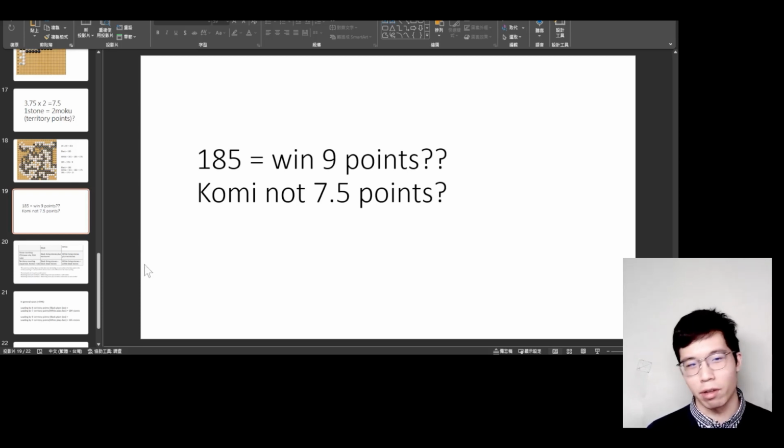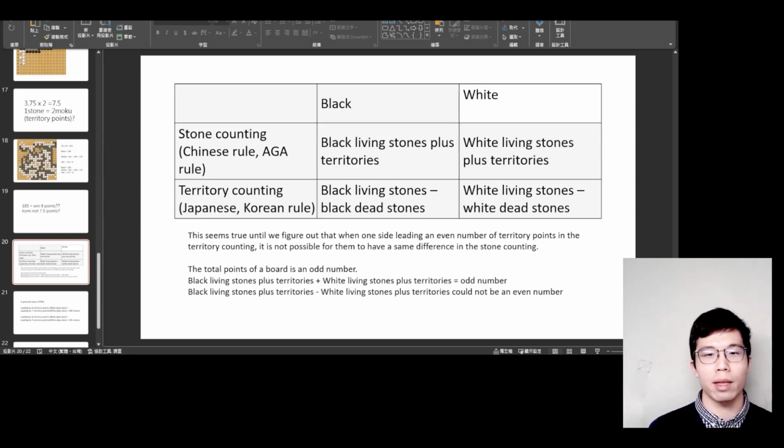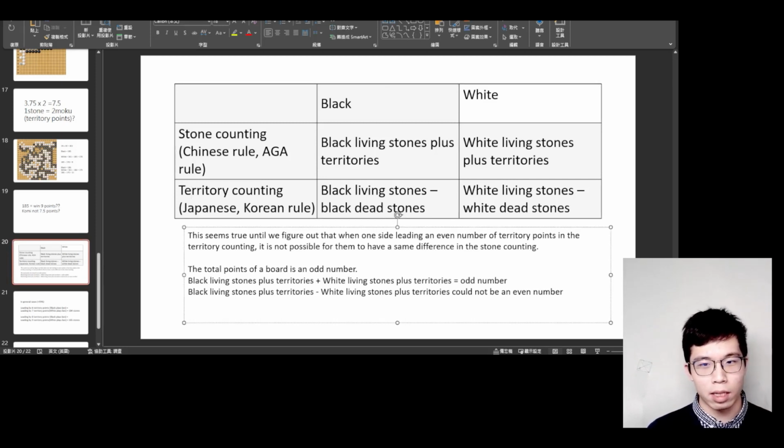That's actually also a mathematical problem. The stone counting seems to have the same result as the territory counting, until we figure out that when one side leads by an even number of territory points in the territory counting, it is not possible for them to have the same difference in the stone counting, because the total number of points on a board is an odd number, while black living stones plus territories plus white living stones plus territories should also be an odd number.